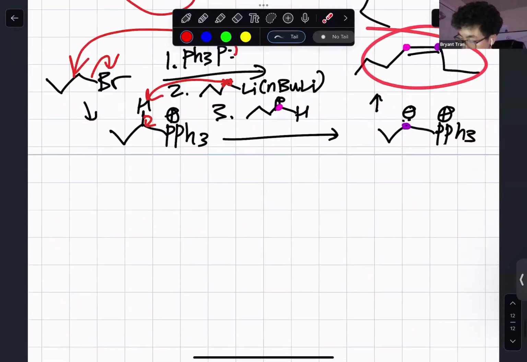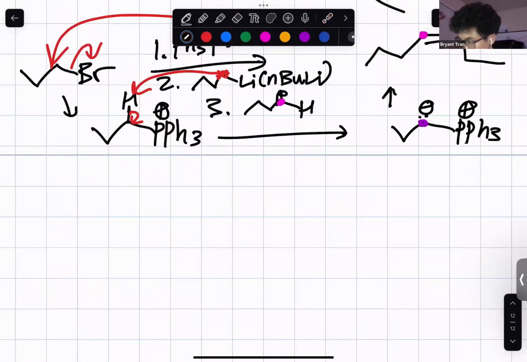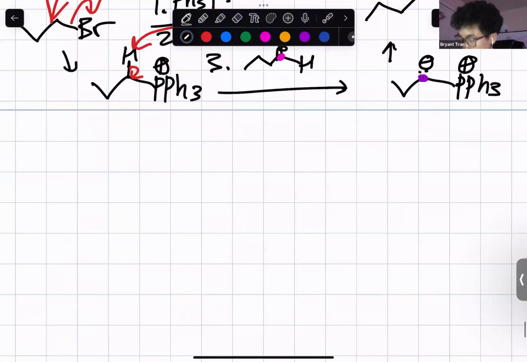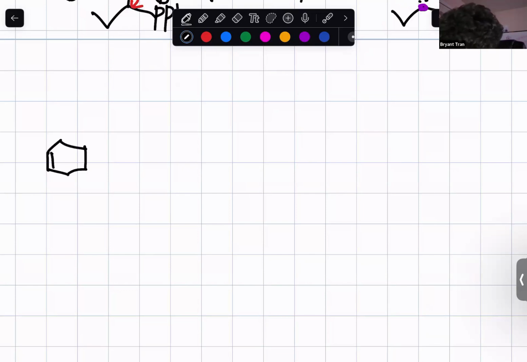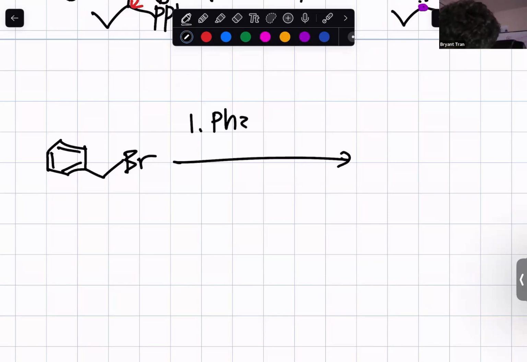Now, I'm going to give you a practice problem for you to try, and then I'll check it later in our session, or send me the DM of your answer. But here is going to be the problem. Let's say I have this right here, and I give you these reagents. First step, PH3P. Second step, N-butyllithium.